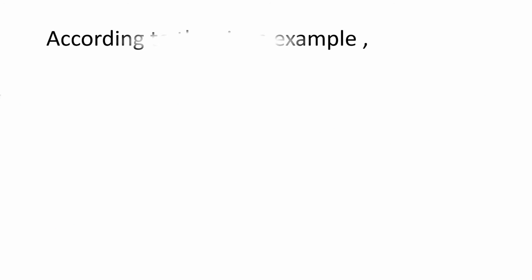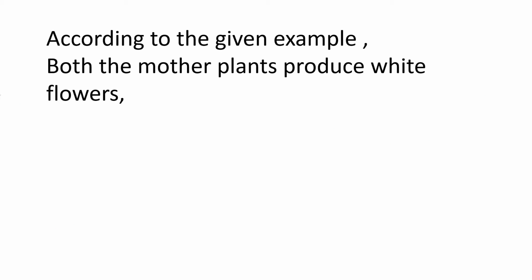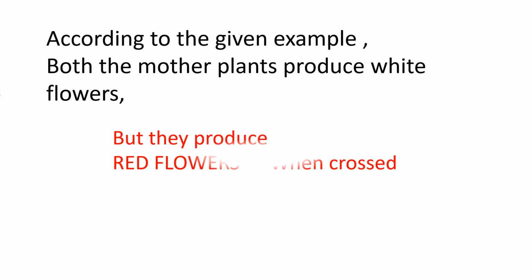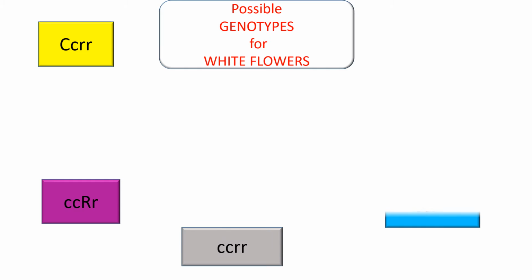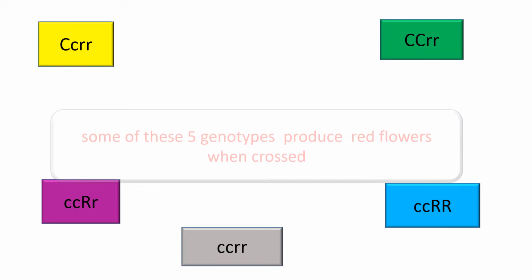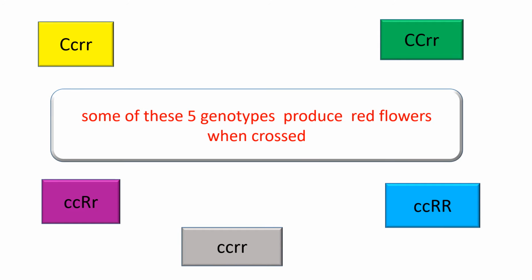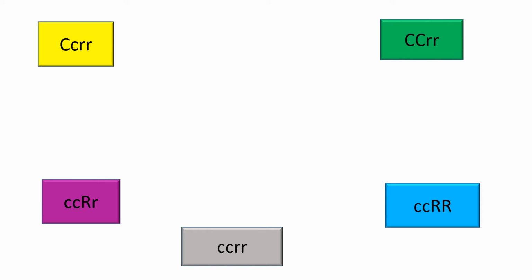According to the given example, both the mother plants produce white flowers, but they produce red flowers when crossed. It can be explained this way. Possible genotypes for white flowers. Some of these 5 genotypes produce red flowers when crossed.